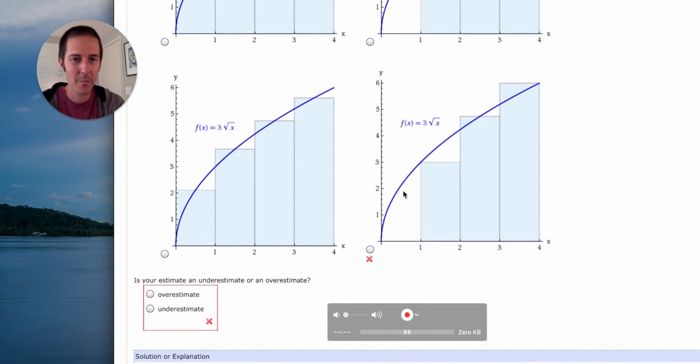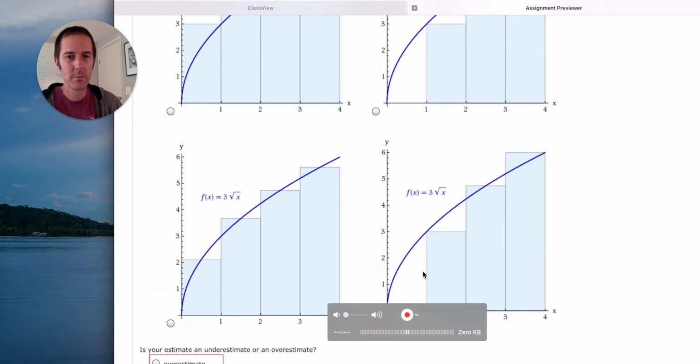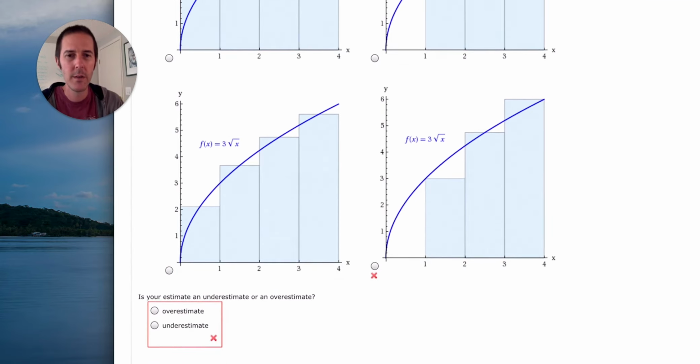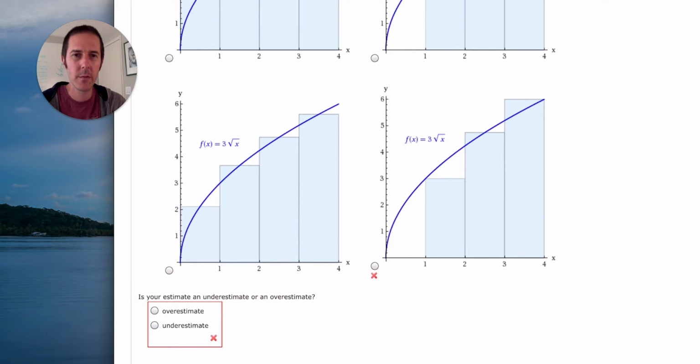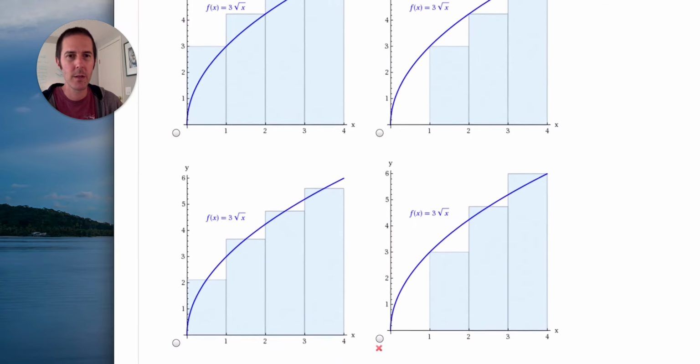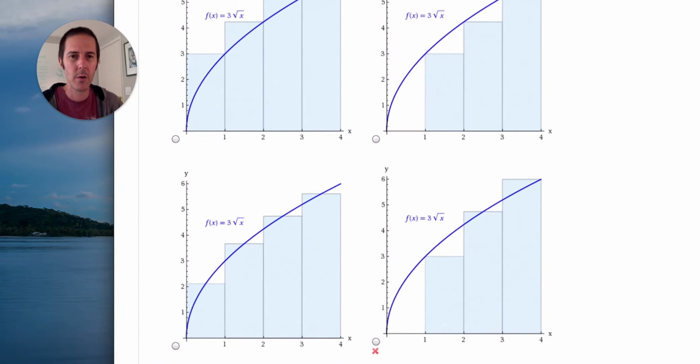My iPad is picking up my voice and it's transmitting it and showing me how loud I am. However, this first rectangle does have a height of 0. I was distracted by this readout down here. So this is a contender. Okay, this is a possibility, as is the one above it, because that first rectangle has a height of 0.